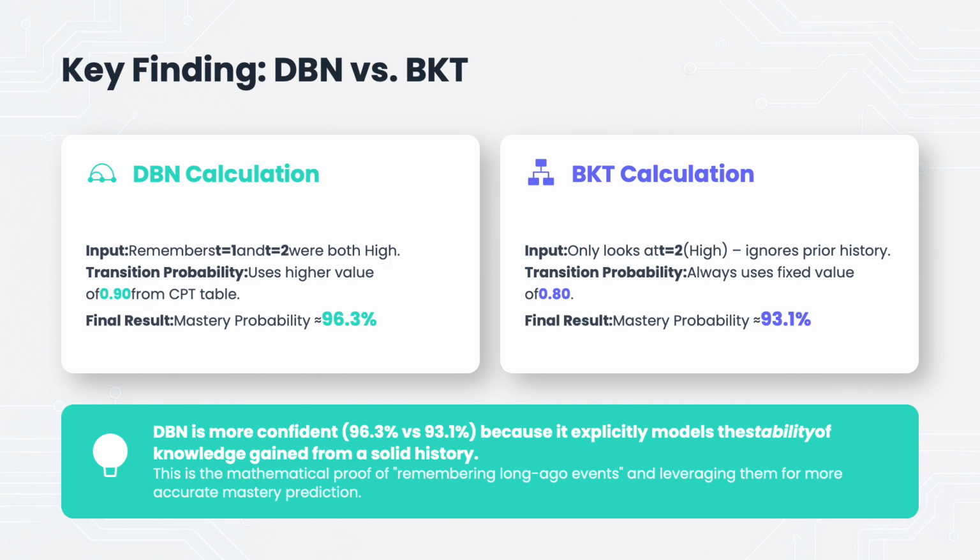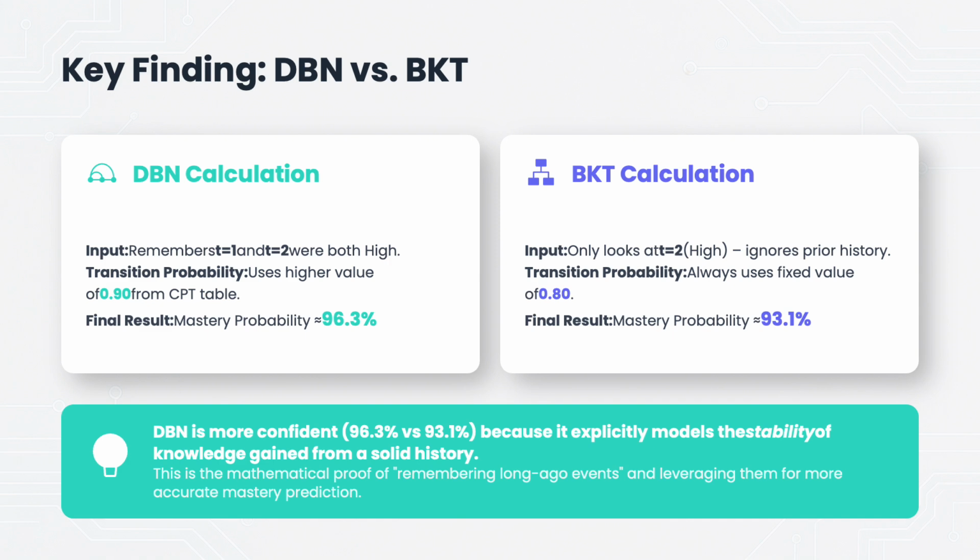So, what's the difference? Let's compare our DBN result with what a standard BKT model would have calculated. BKT only looks at the immediately preceding state, t equals 2, which was high. It would use the standard transition probability of 0.80, leading to a final mastery probability of about 93.1%.